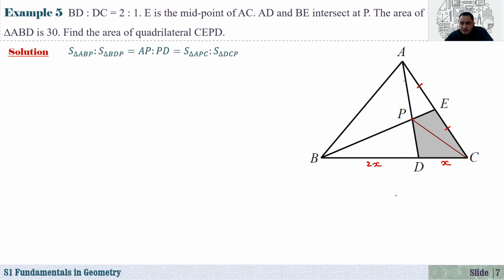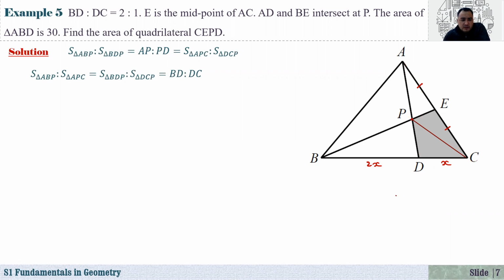The area of ABP to the area of triangle BPD is equal to AP to PD. And at the same time, this ratio is equal to the area of APC to the area of CDP. Why? Because their height from point C to the base AP or PD is the same, and that's why we can write this ratio.